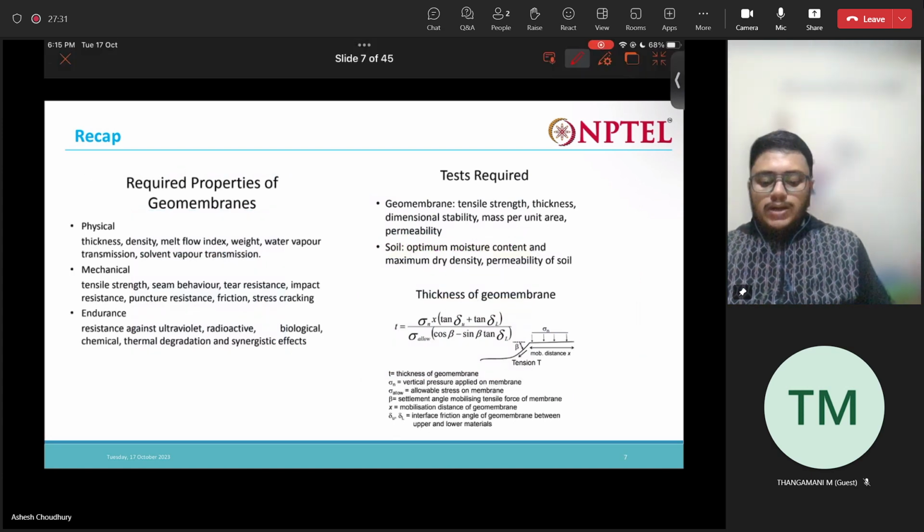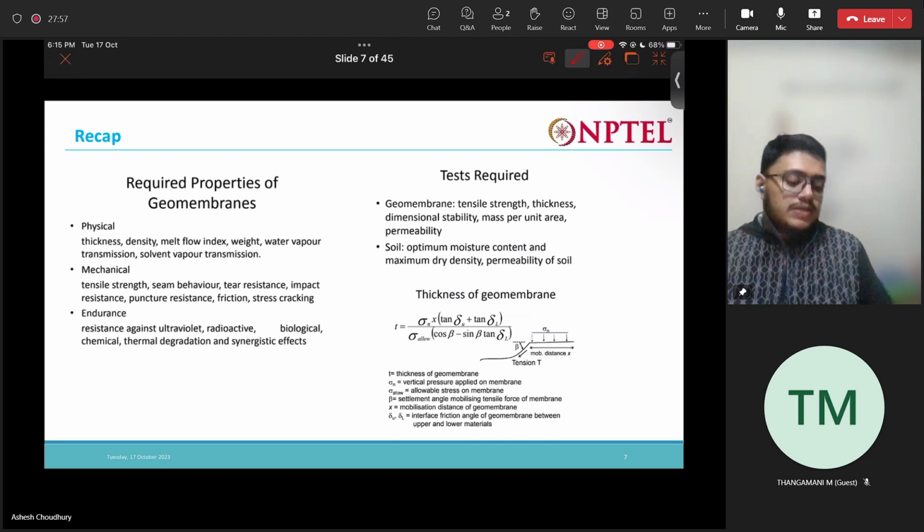Okay, so what are the required properties of geomembrane? There are some important physical properties. Some of these physical properties we already studied previously. These are the same as any other geosynthetic material. They are thickness, density, melt flow index, then weight, water vapor transmission, solvent vapor transmission. Thickness and density you already know. Water vapor transmission we will see today.